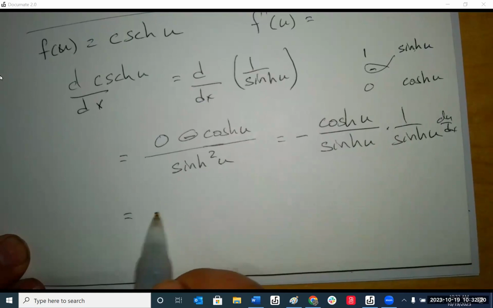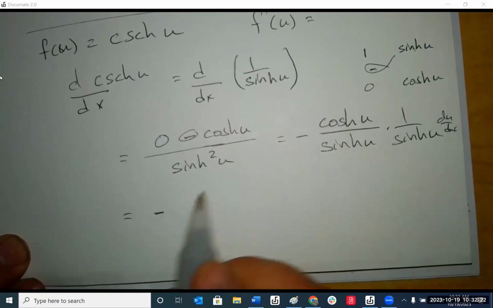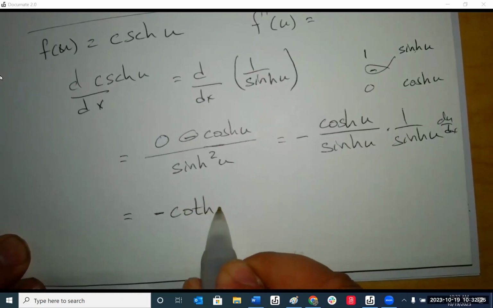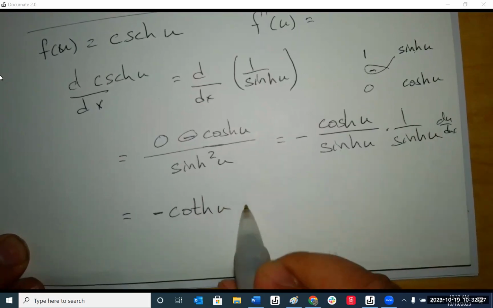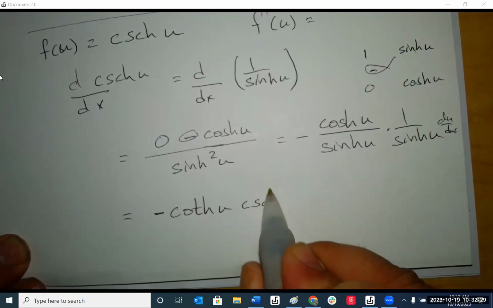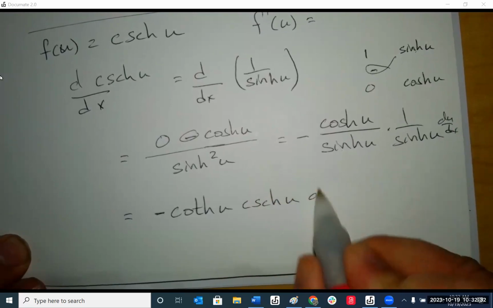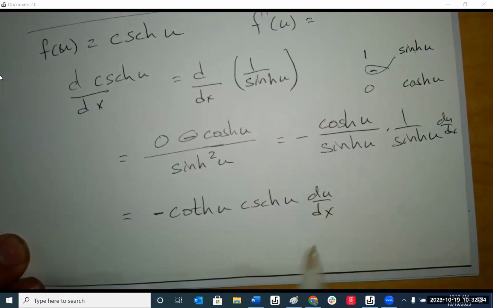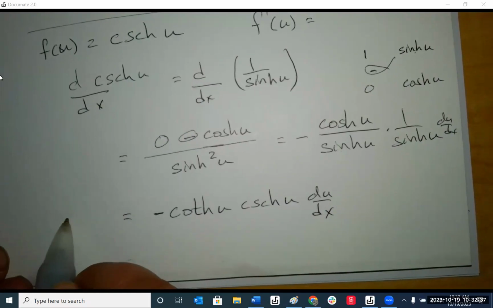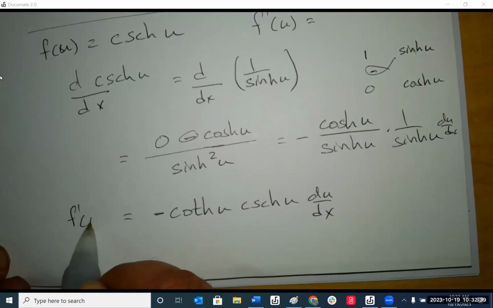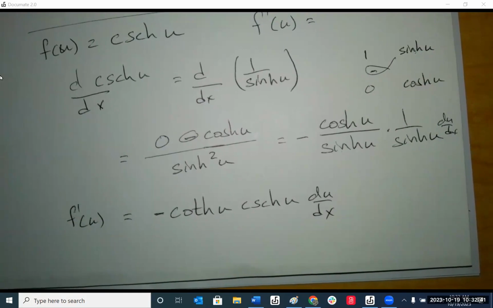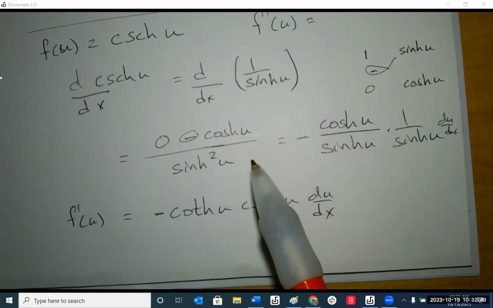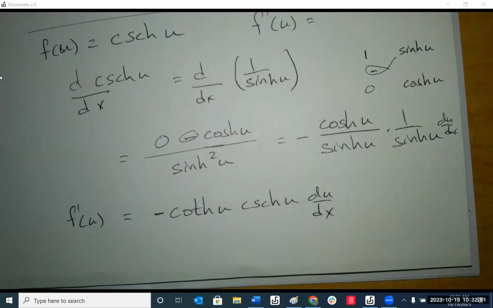So negative cosine over sine is cotangent, and 1 over sine is cosecant. So negative csch u coth u, du/dx. So there's the derivative. Again, other formulas will be derived the same way, once we put them into terms of the e functions, or into sine and cosine, since we have those.